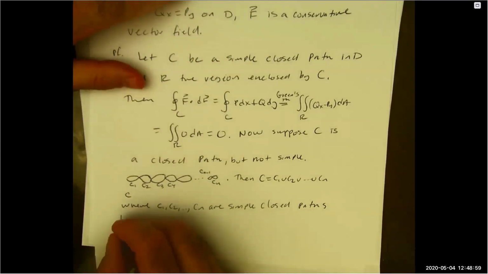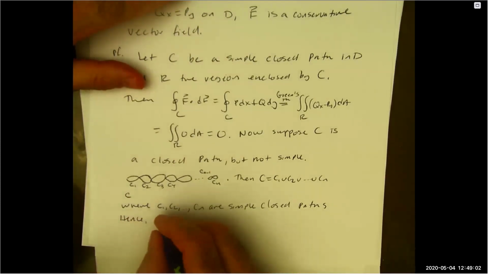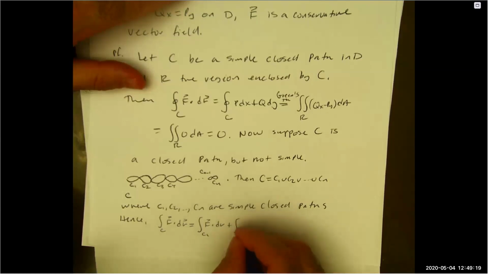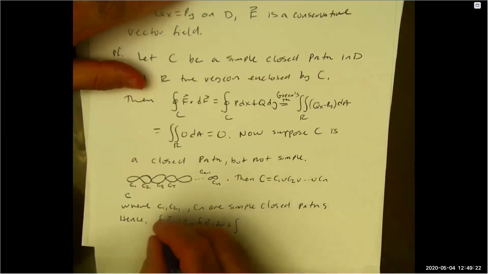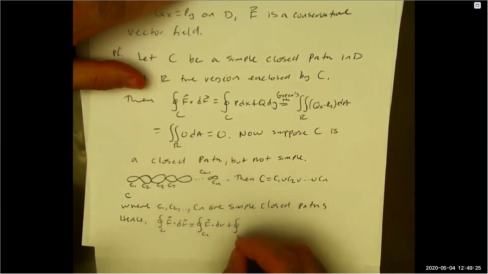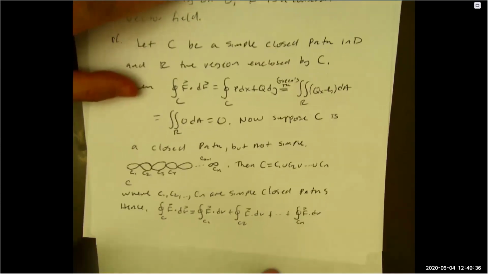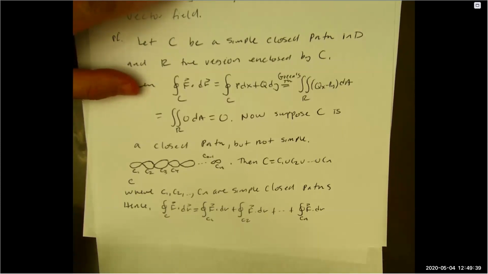So if we look at the integral over C of f dot dr, this is equal to the integral of f dot dr over C1 plus the integral over C2 of f dot dr, plus the integral over Cn of f dot dr. And each of those would be equal to 0 by the above.